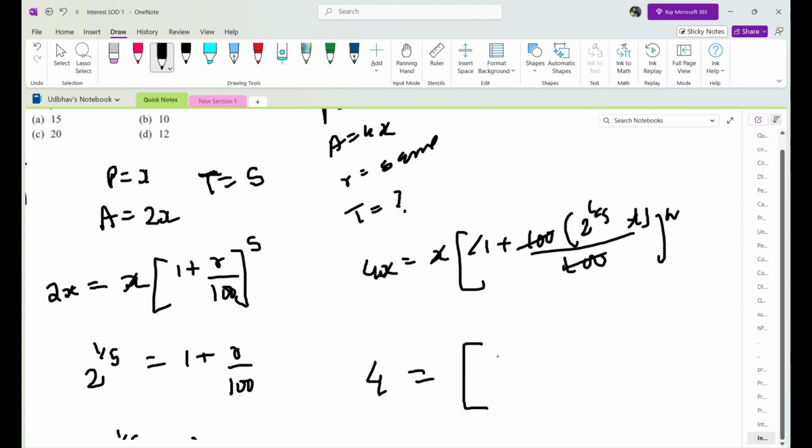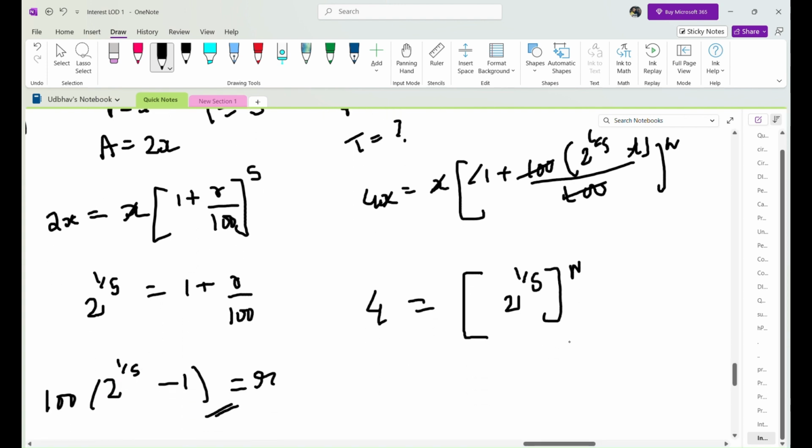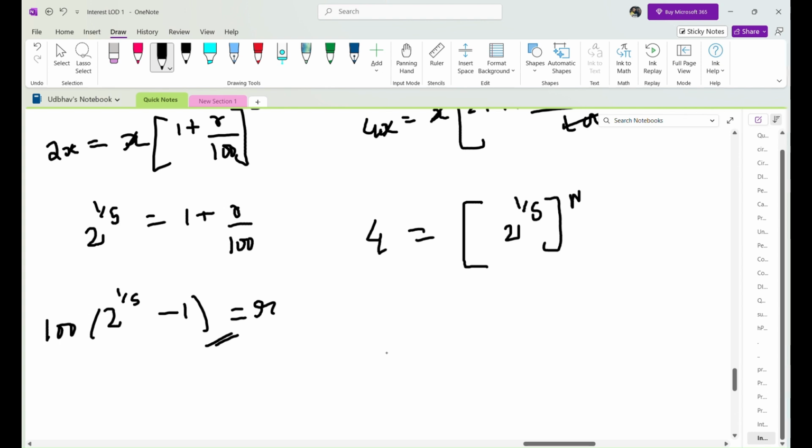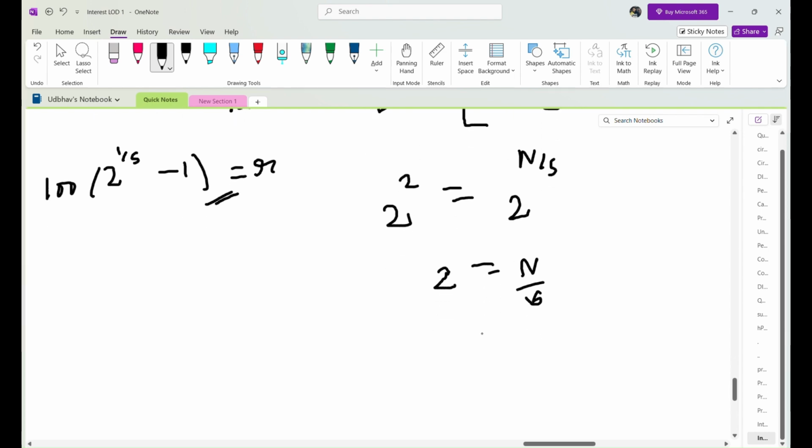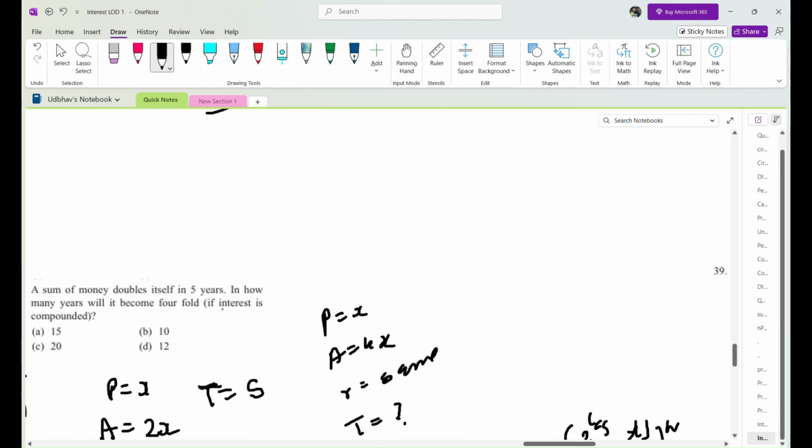This 1 got cancelled. So the only thing left is 2 raised to the power n upon 5. So 2 raised to the power 2 equals 2 raised to the power n upon 5. So 2 equals n upon 5. Because the base is the same, we can equate the powers. So n equals 10 years.